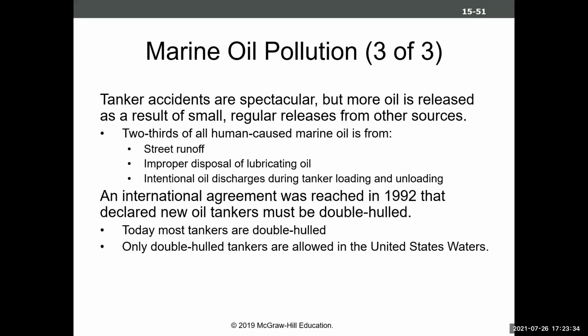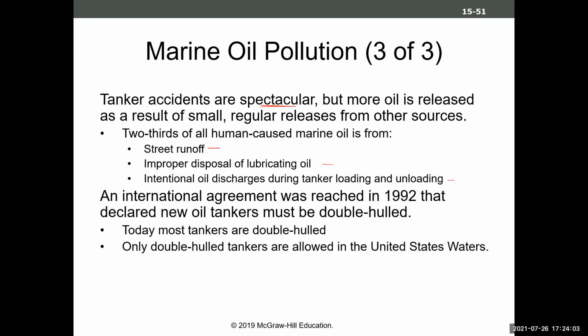Now, tanker accidents are spectacular. They release a lot of oil at one time, and so you obviously know when that happens. But like I mentioned, a lot of the oil pollution comes from just everyday use, street runoff, improper disposal, and unintentional oil discharges during tanker loading and unloading.